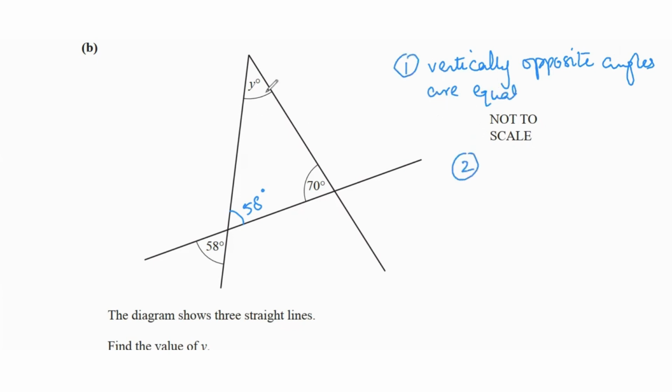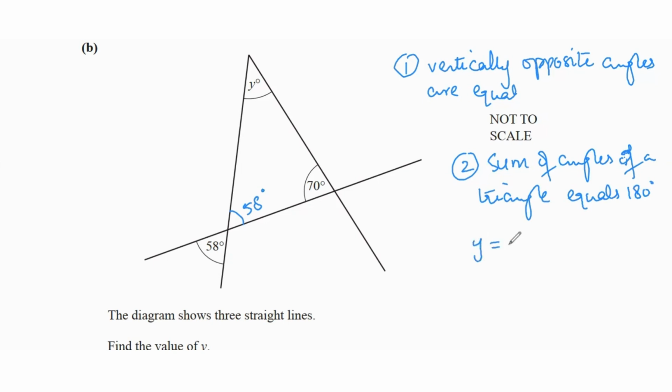Second reason is that the sum of angles of a triangle equals 180, which means y is going to be 180 minus 70 minus 58, which is going to give us 52. So that is the value of y, and these are your reasons.